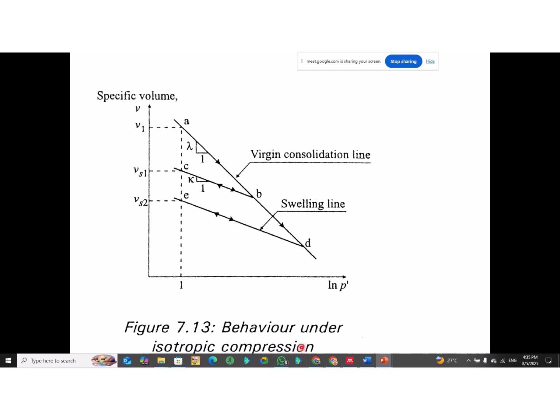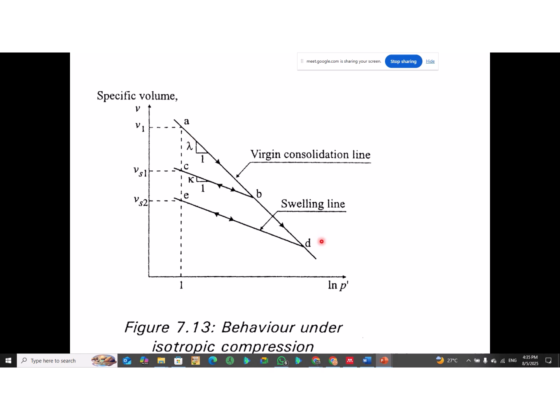So the behavior under isotropic compression. This is the same thing. We have just extended the margin consolidation line. Usually we can plot the E and the void ratio, or it doesn't matter, because the void ratio of course is a function of the volume, isn't it? So on the consolidation line, kappa is the gradient of the unloading-reloading.